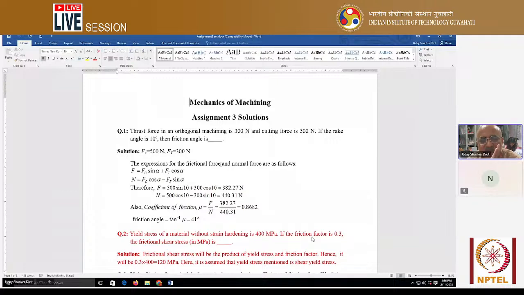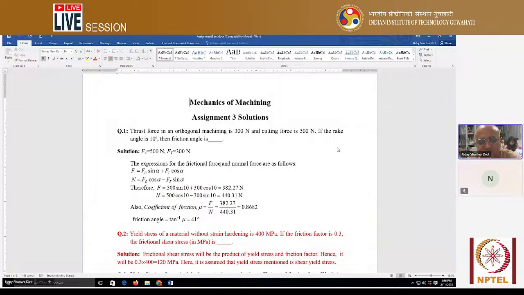Now you have to find out how much force is there in the rake face. Friction angle, because they are asking if the rake angle is 10 degree. So you have to find out the friction force.